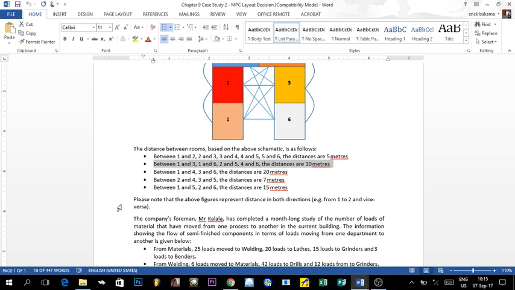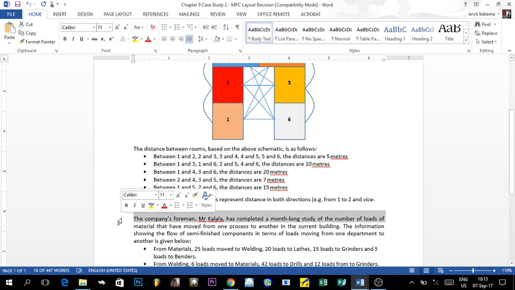Now the company foreman, Mr. Kalala, has completed a month-long study of the number of load of material that move from one process to another in the current building. Now the information showing the flow of semi-finished component in terms of load moving from one department to another is given below.